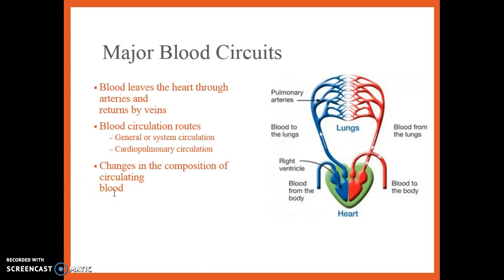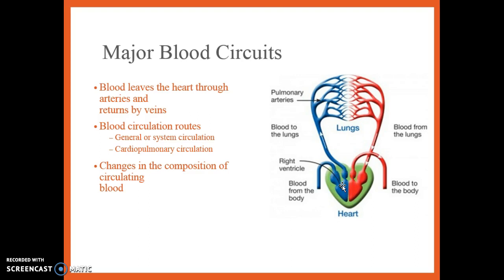So there are actually two different circuits that blood can go through. Starting right here, you have the circuit where the blood goes from the body to the heart, then from the heart to the lungs and back to the heart, then from the heart to the body and circling around back to the heart again.